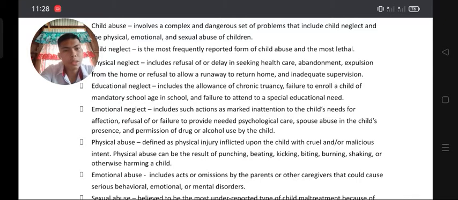Emotional neglect includes such actions as marked inattention to the child's needs for affection, refusal of or failure to provide needed psychological care, spouse abuse in the child's presence, and permission of drug or alcohol use by the child.